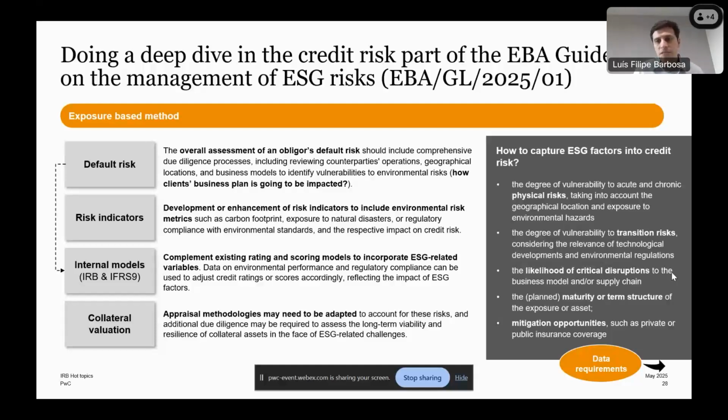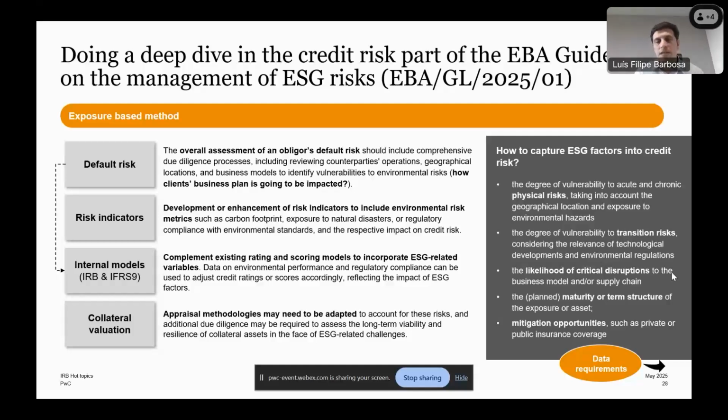Another important development here is how EBA is seeing the link between the factors and credit risk. So what could be the transmission channels, how physical risks can indeed impact clients' creditworthiness. In terms of transition risks, what typically are the nature of the shocks and how they will impact, for instance, the balance sheet and the P&L.